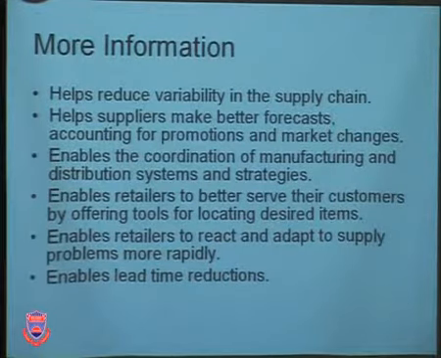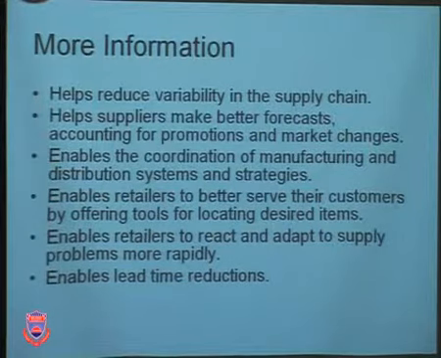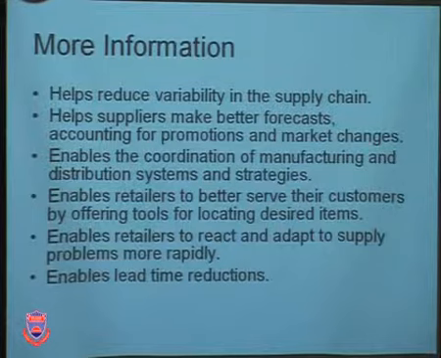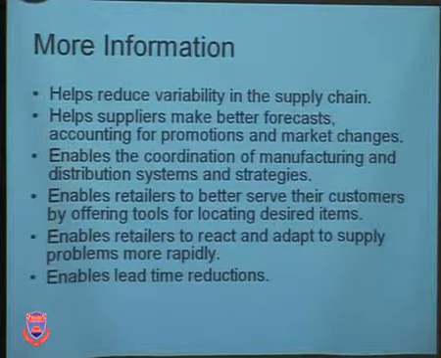Now, in general, we're going to show that more information will help reduce variability in the supply chain. Okay, so this is basically what we are going to end up with. After we see the analytical models, we will be convinced actually. It helps suppliers make better forecasts, accounting for promotions and market changes, and so on and so forth.